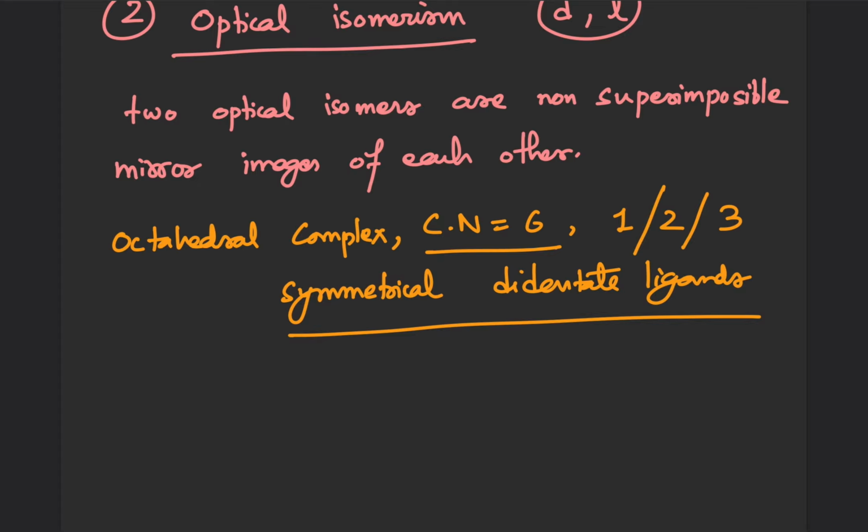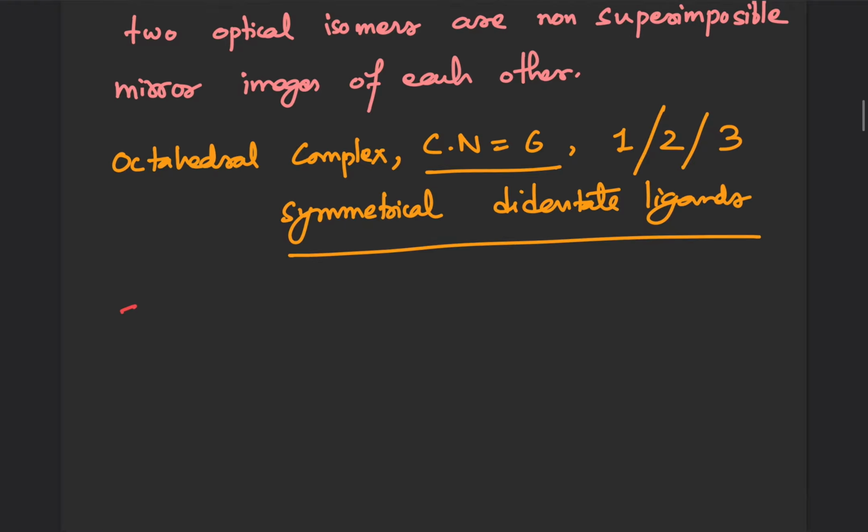We'll see an example in option B, that is Co(en)3 3+. It is an octahedral complex, and the coordination number is 6, and it contains three symmetrical didentate ligands.